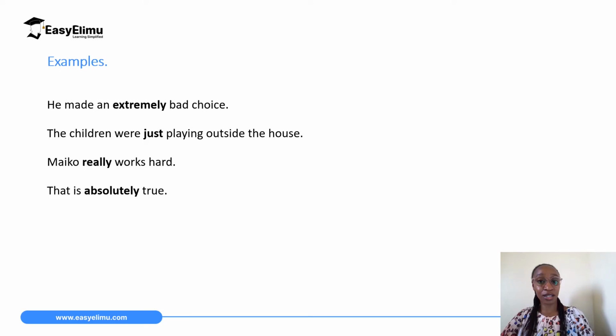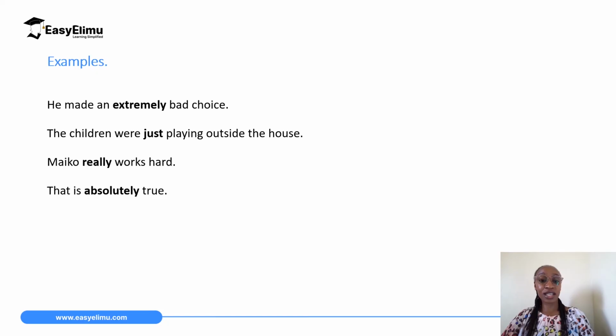That is still correct. However, we want to emphasize how bad this choice was, how intense this choice was. So we say, he made an extremely bad choice. Extremely is an adverb of degree.